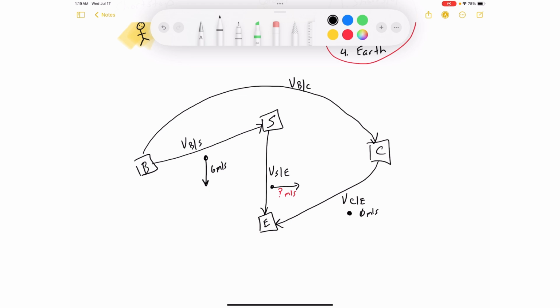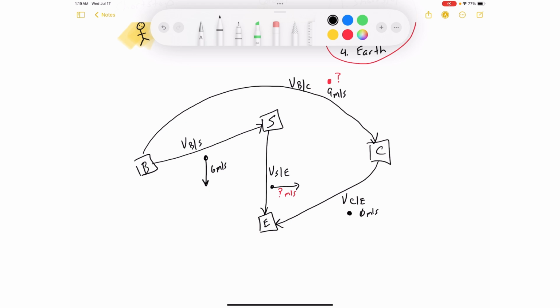The problem states that there's some vector, and I'm going to write it as a dot and a question mark next to it, meaning I don't actually know the direction of the vector. But I do know that its speed is 9 meters per second. Okay? So this is the setup.